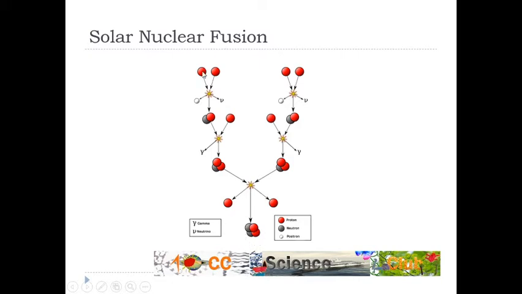So if you see, there is 1, 2, 3, 1, 2, 3, so 6 protons come together to give this helium atom and 2 protons. In the process, neutrinos are given out over here, 1 and 2, and the gamma rays are the energy. So this is the process of the sun.